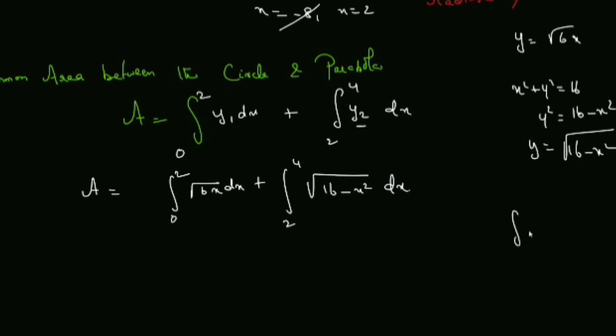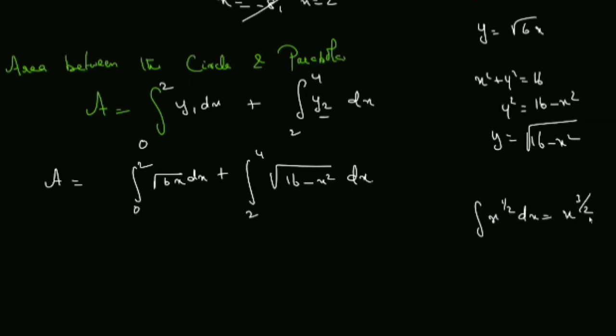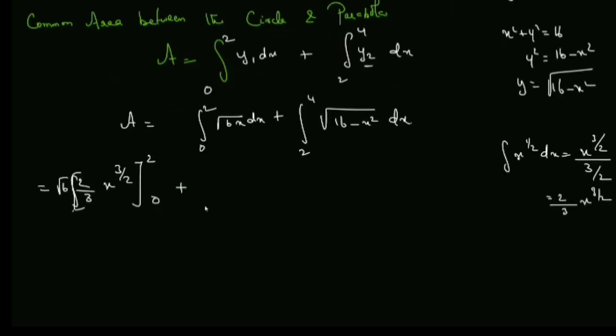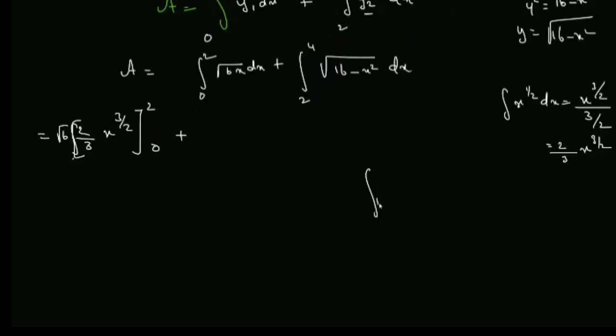You know, integral of root x, x power half dx, is x power 3 by 2 by 3 by 2. This you can write as 2 by 3 x power 3 by 2. So the first integral is root 6 times 2 by 3 x power 3 by 2, limit 0 to 2, plus now for root of a square minus x square there is a formula: x by 2 root of a square minus x square plus a square by 2 sine inverse x by a.